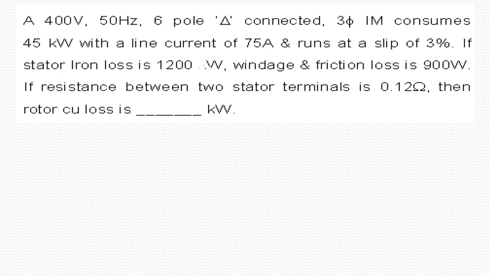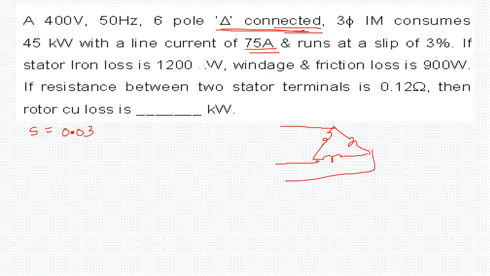Slip is given to us as 0.03. Again, if we notice, it is delta connected, so this thing we have to keep in mind, and the line current is given to us. Say this is the stator winding which is delta connected, and the line current I is given as 75 amps.